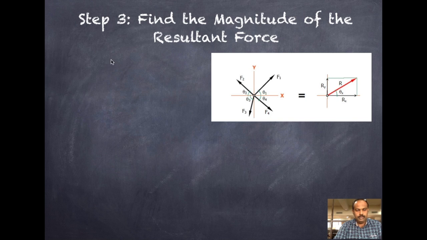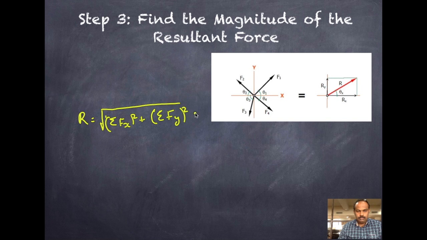Now let's look at step 3. Here I'll explain how to find the magnitude of the resultant. We have our resultant R is equal to the square root of sigma Fx the whole square plus sigma Fy the whole square.